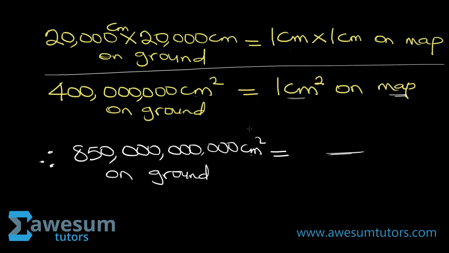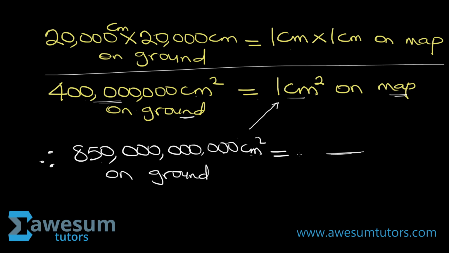All you have to do now is to cross multiply and then divide by this, because you are looking for whatever we are going to have here, right? So in that case, it's going to be this times 1 divided by 400 million.